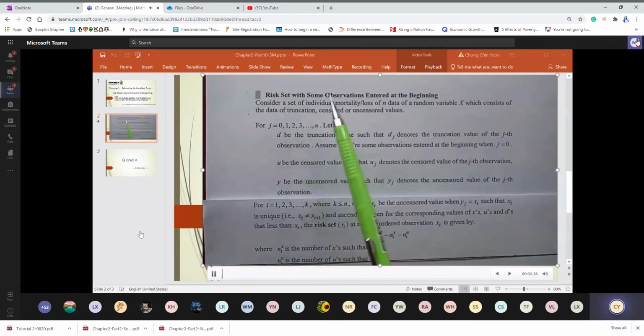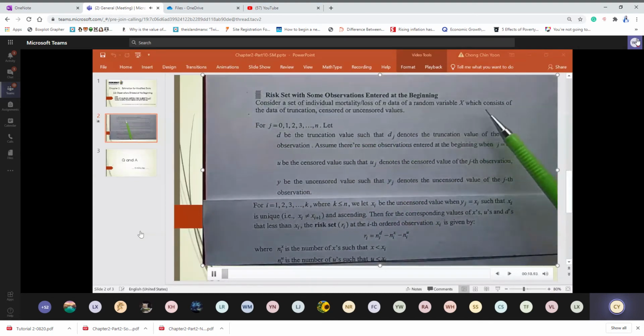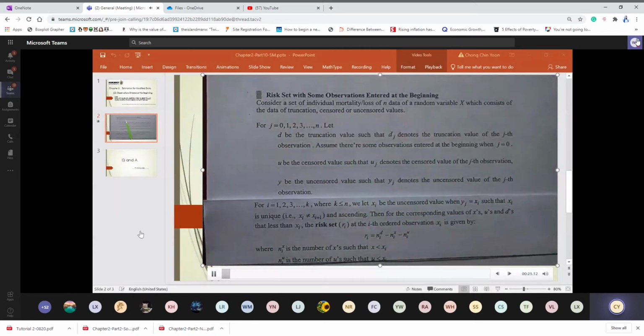Let's go to another method to find the reset, that is reset with some observations entered at the beginning. Now consider a set of individual mortality or loss data of n data of a random variable x, which consists of the data of truncation, censored or uncensored values.